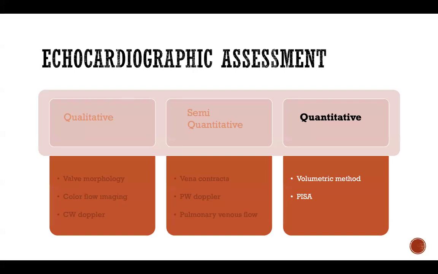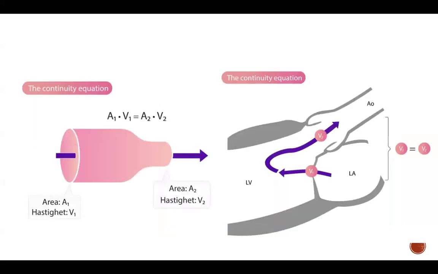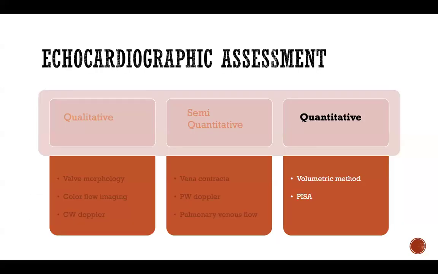And the third part is the quantitative part, which is the PISA method and the volumetric methods. I would say most of the time, this gives you the answer. If you are in conflict about the severity of mitral regurgitation, the quantitative method will confirm or exclude severe mitral regurgitation, given that you have done it the right way, with the right technique and accurate measurements.